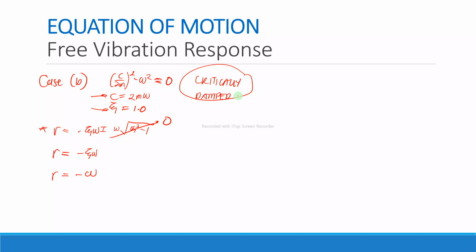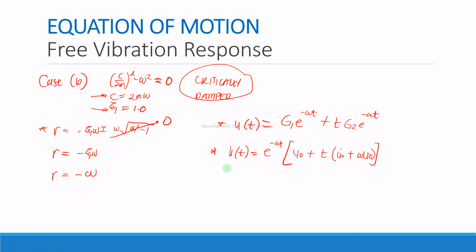In this case, the general solution is u of t is equal to g1 e to the negative omega t plus t g2 e to the negative omega t. And our general solution will become u of t is equal to e to the negative omega t times quantity u naught plus t times u dot naught plus omega u naught. So this is our critically damped case. I did not simplify it further because it is already very long.